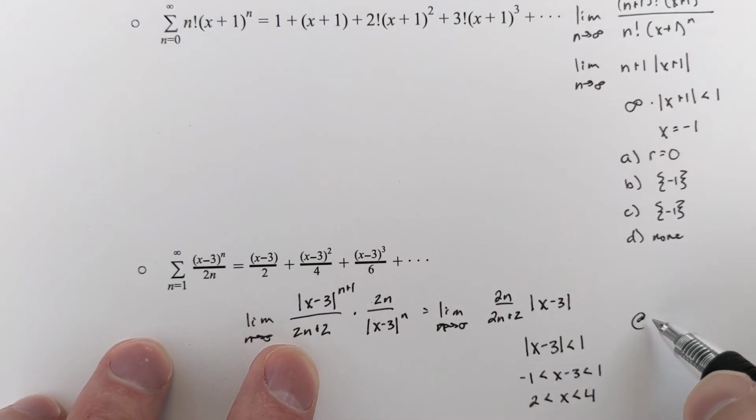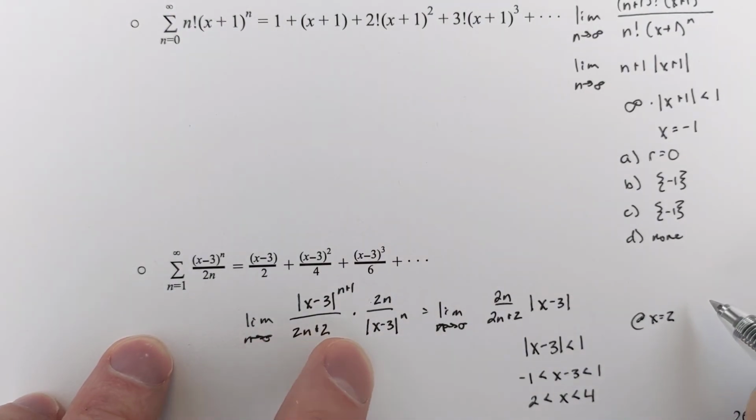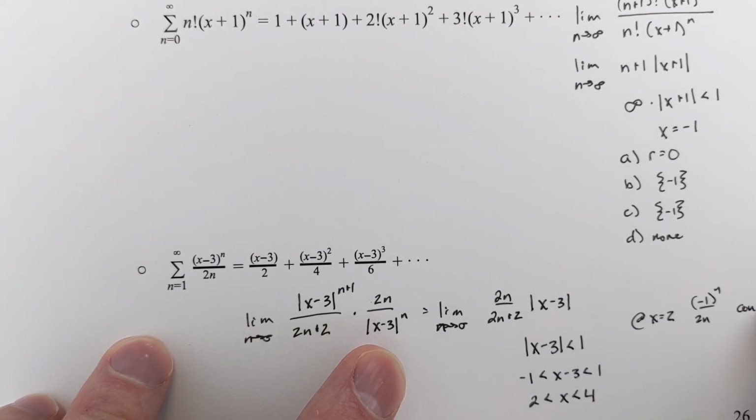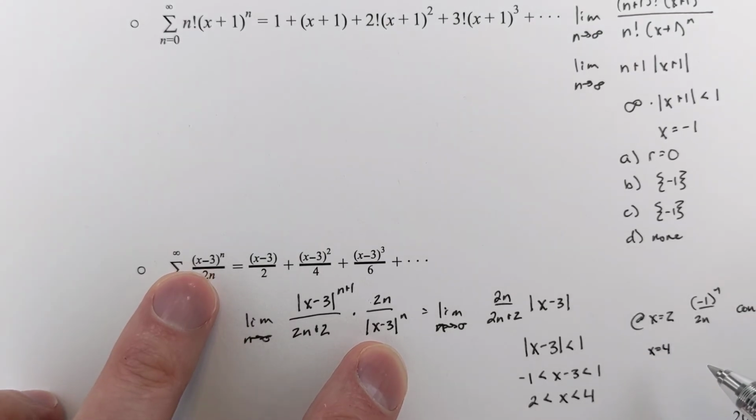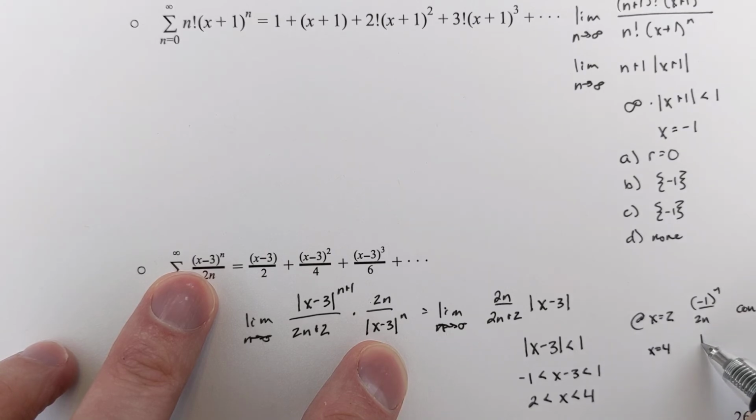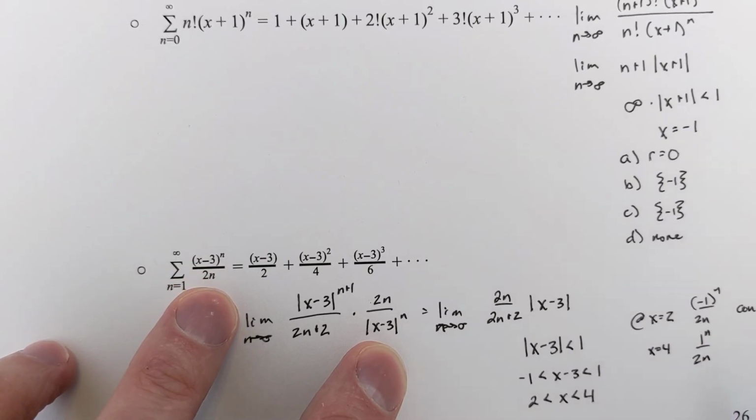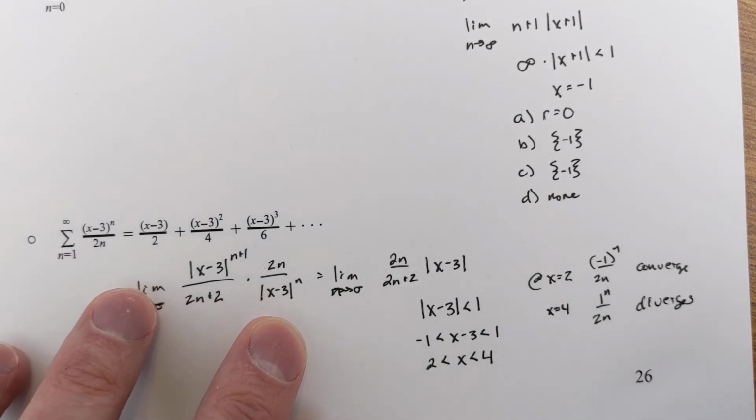It's an alternating series. At x equals 4, we get 1^n over 2n, which is not alternating, so it diverges because that doesn't satisfy the alternating series test.